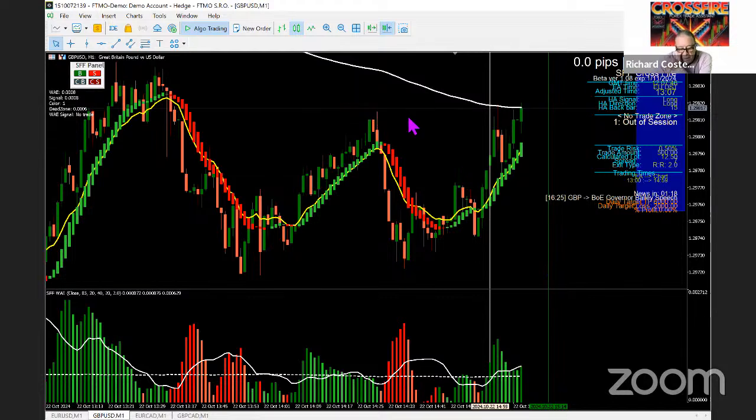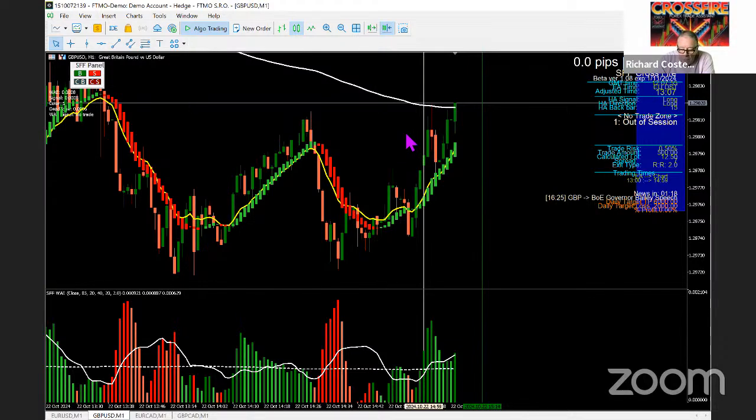The trading assistant draws these trend lines automatically. However, there's a little bit of a glitch at the minute. It will be sorted out, and what we have to do is keep referring back to the old style of doing things. But don't let the glitch with the trend lines worry you too much.